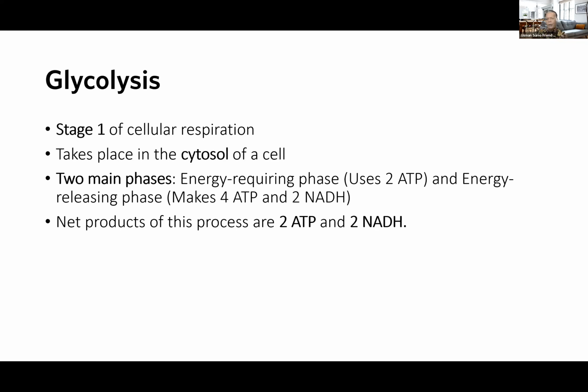The first one is an energy requiring phase, which uses 2 ATP, and the energy releasing phase makes 4 ATP and 2 NADH. Then the net of this glycolysis will produce 2 ATP and 2 NADH.